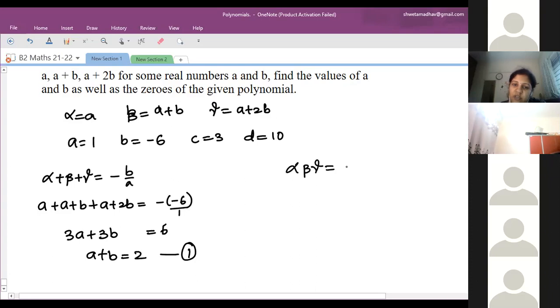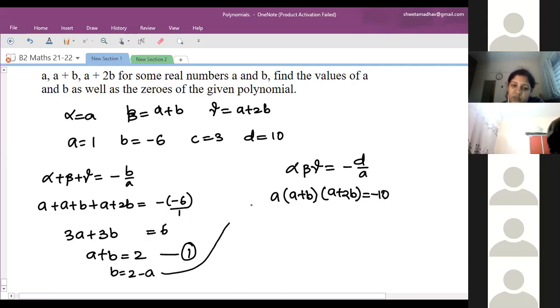Alpha into beta into gamma is equal to minus d by a. So alpha is a, beta is a plus b and gamma is a plus 2b. This is equal to minus 10, since d value is 10. Right? Now substitute the value of b as 2 minus a in this equation, so that we will get the equation in one variable only.